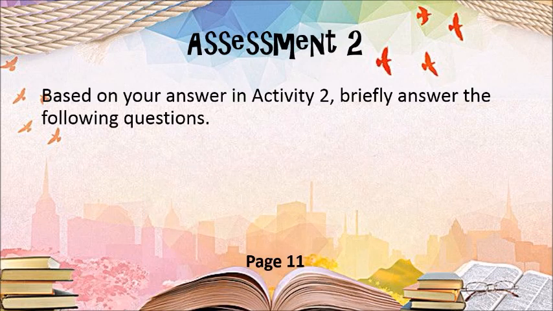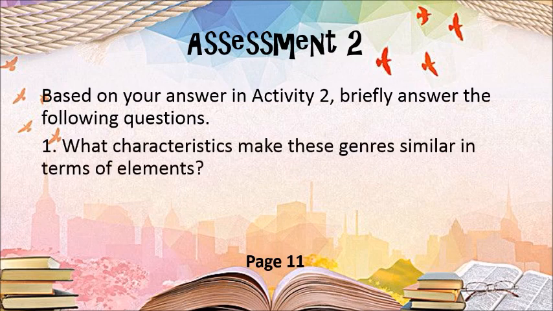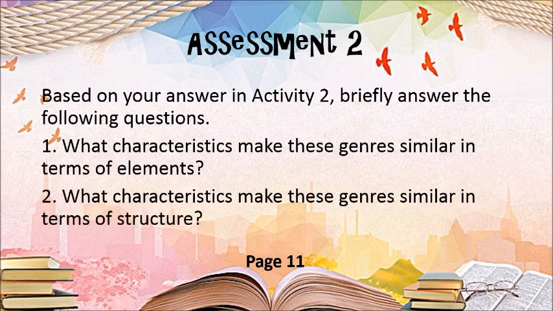For assessment number 2, on page 11, based on your answer in activity number 2, which is the Venn diagram, briefly answer the following questions. Number 1, what characteristics make these genres similar in terms of elements? Number 2, what characteristics make these genres similar in terms of structure? So you're going to differentiate their elements and structure.